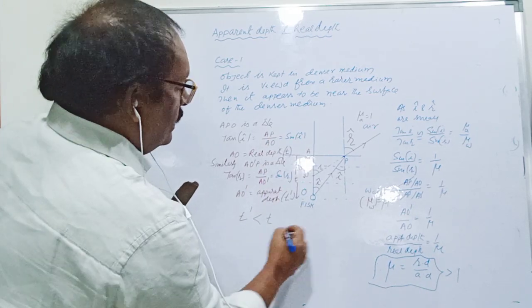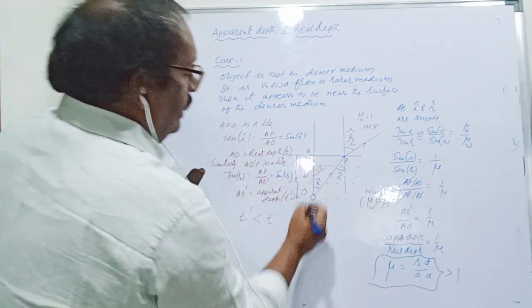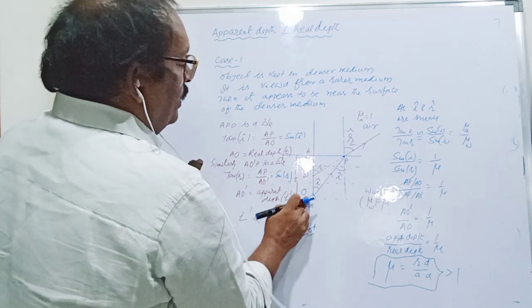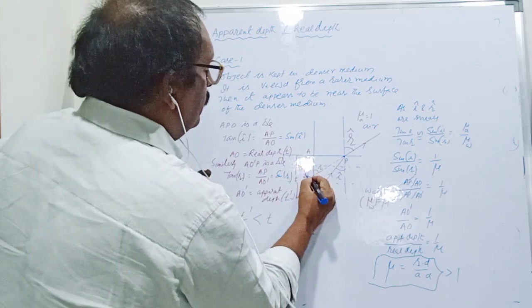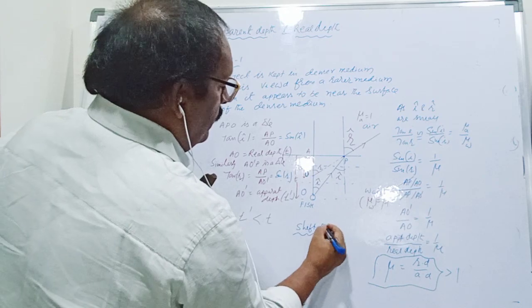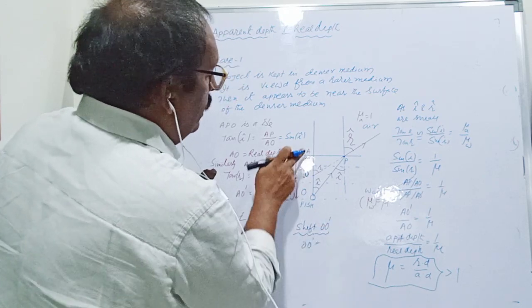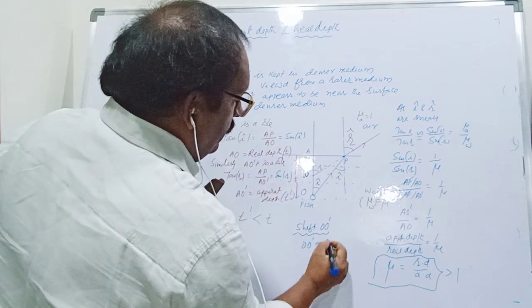Now let us calculate the shift also. What is shift? Shift is nothing but the shift from O to O prime. This is O prime. What is the shift? It is AO minus AO prime.